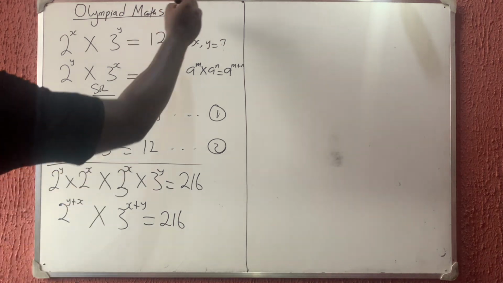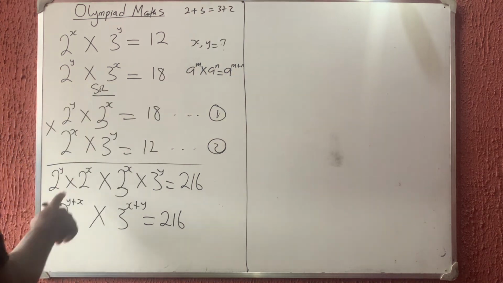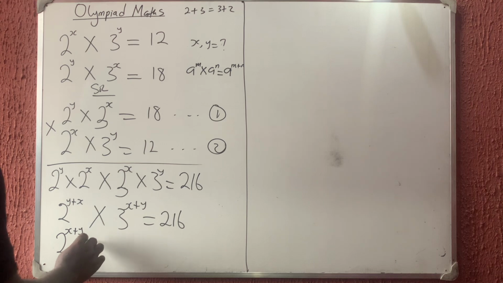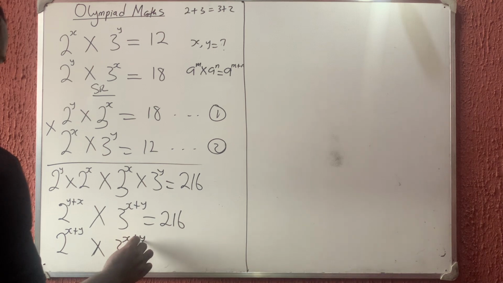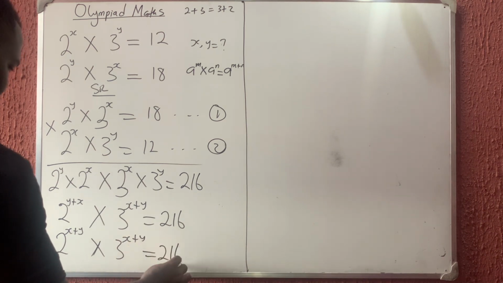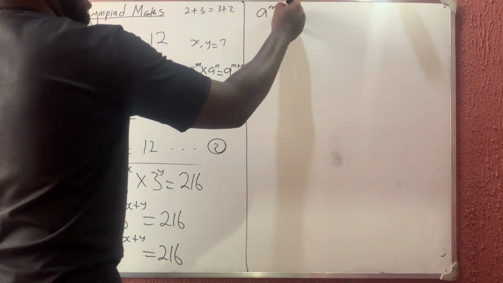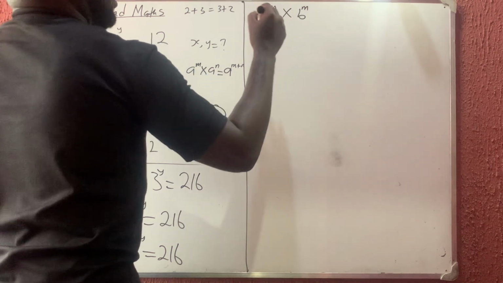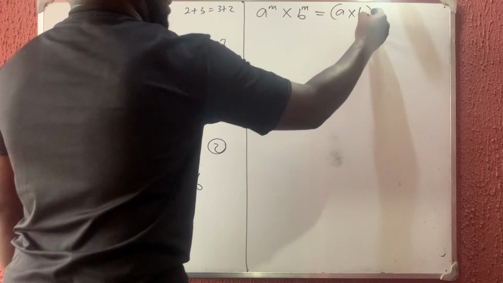Now, don't forget that y plus x is still the same thing as x plus y. So let us swap this. This is now 2 raised to power x plus y times 3 raised to power x plus y is equal to 216. Now, according to indices, a raised to power m times b raised to power m, if they both have the same power, we can put it in bracket of a times b, then raised to power m.